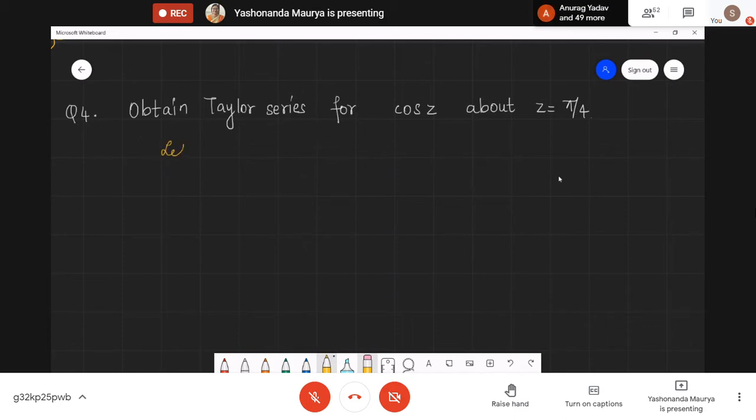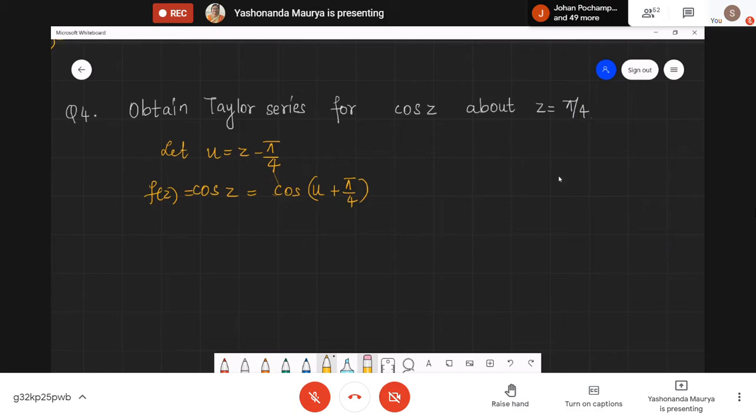Okay, so let f of z, which is cos of z, is equal to cos of, how do we simplify this?